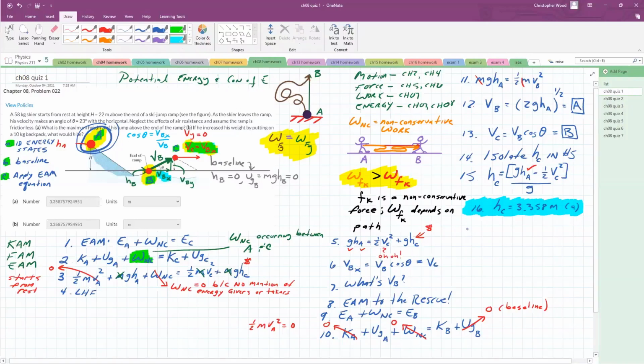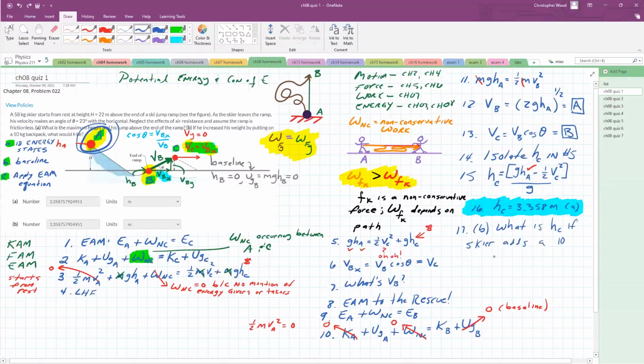All right, done with part A. Part B says, what is H subscript C if the skier adds a 10 kilogram backpack?